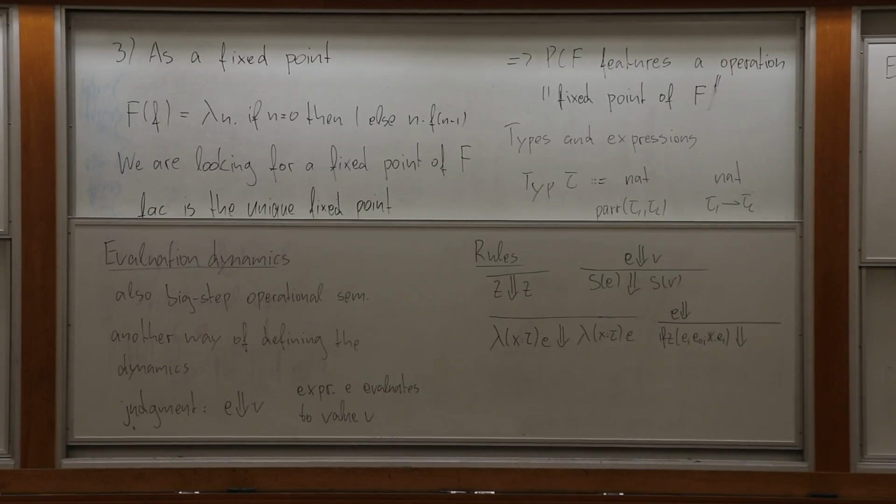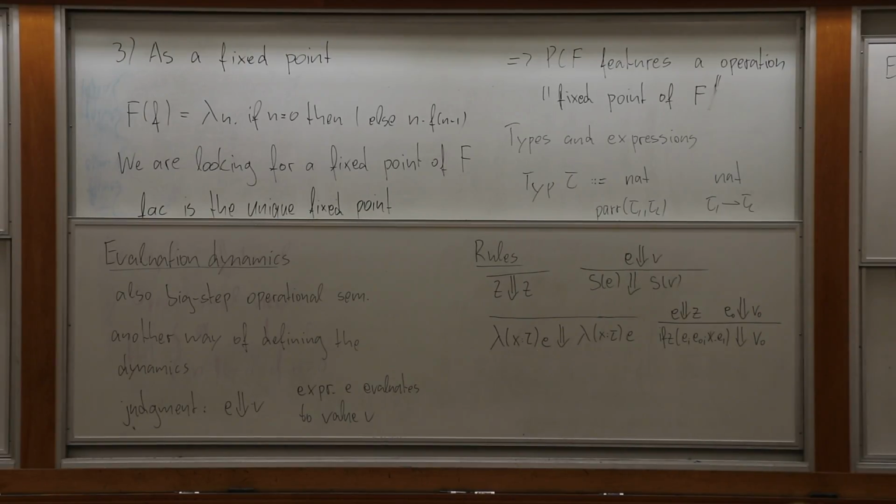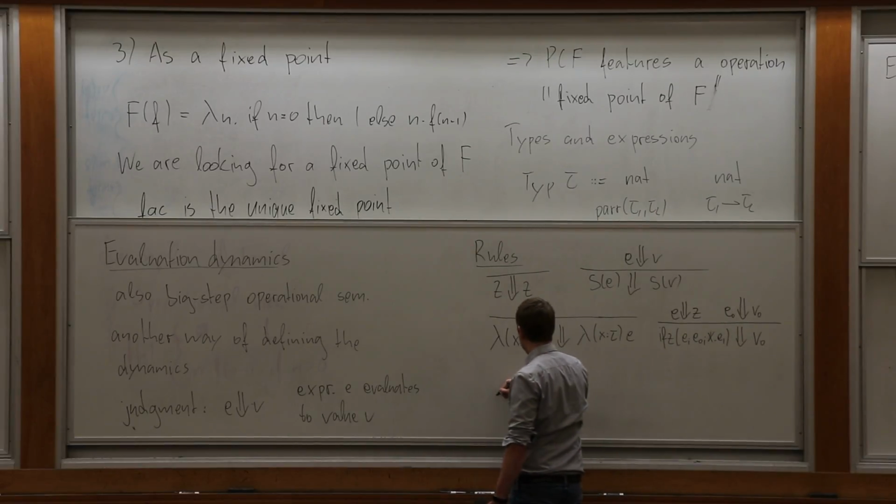So by now we get a value right away, which is good. So maybe it's 0. So if we get 0, well then we have to evaluate the e0. So we do that. And then we maybe get v0, and that's what we just return. Nice and simple.